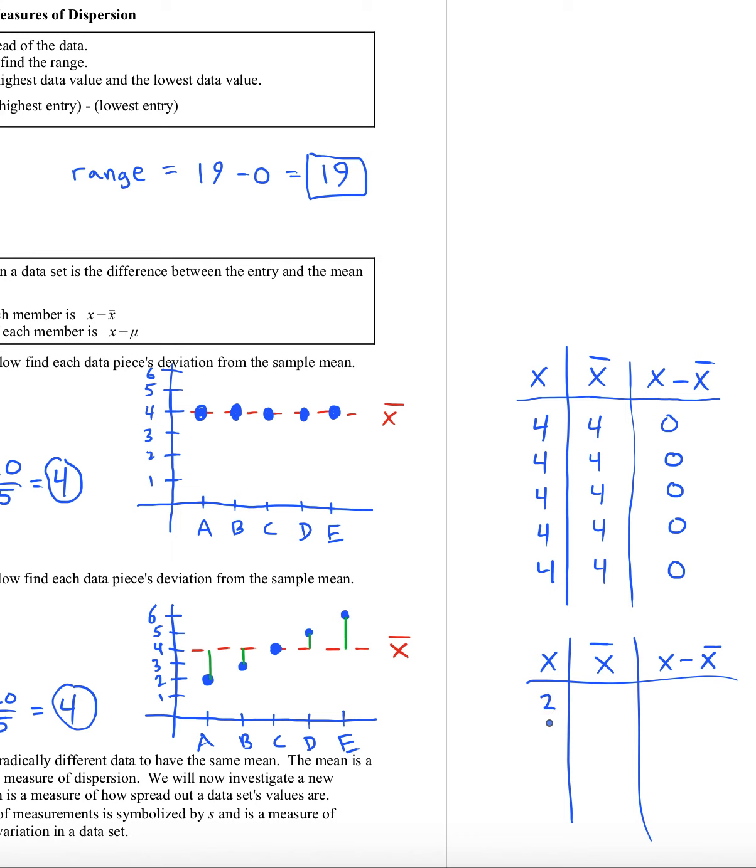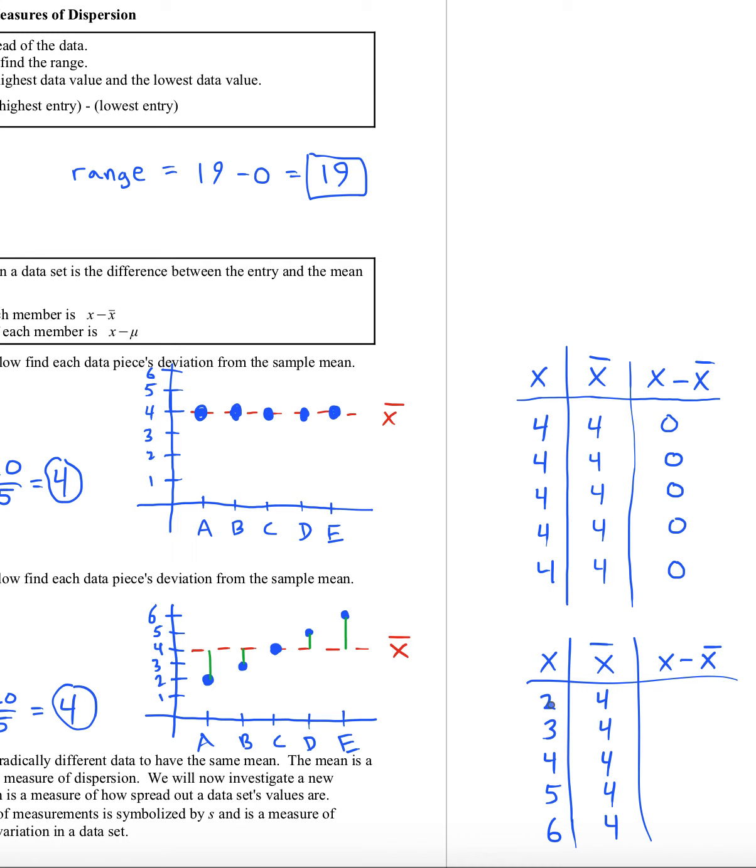Our data was 2, 3, 4, 5, and 6. The mean is 4, and that's the same for the entire data set, so all we do is just repeat it throughout the table.